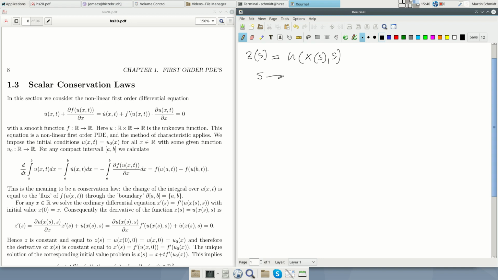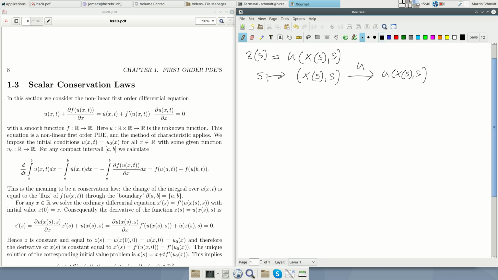First the inner function is that s goes to the pair x of s, comma s, and then we have the function u, and then it maps to u of x of s, comma s. So if we want to calculate the derivative of this function, we again should take the chain rule.